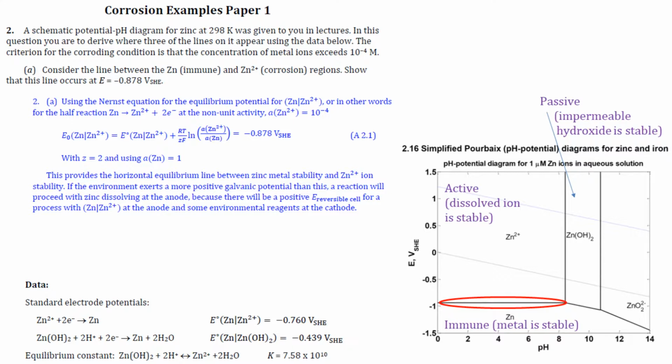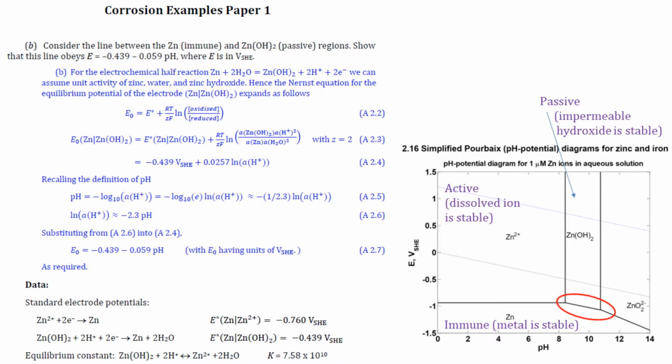If you plug in numbers for the ion activity, temperature is 298 kelvins, Z is 2 electrons per unit of this equation, then you should get an equilibrium potential of minus 0.878 volts SHE, which gives the correct position for the horizontal line where it should be on the pH potential diagram. And that is the answer as required in the question.